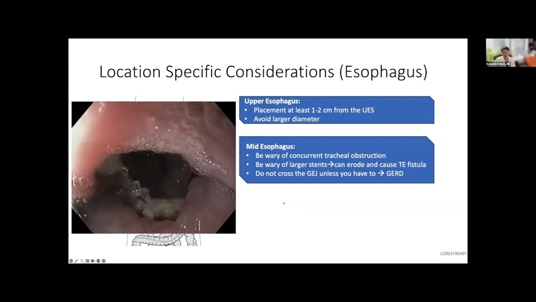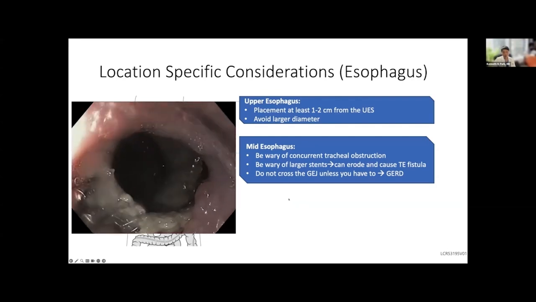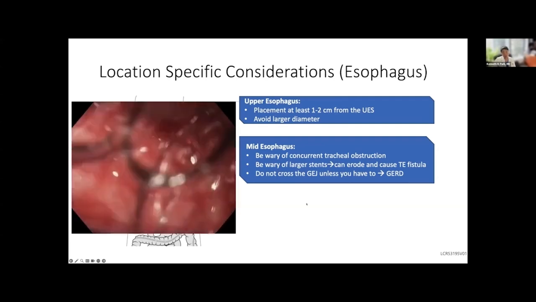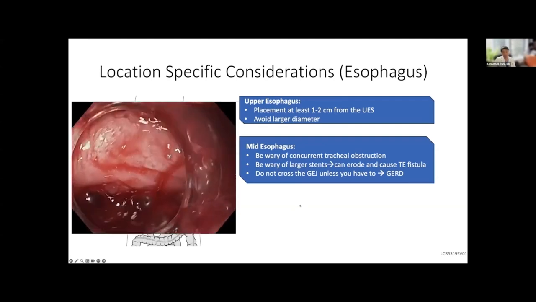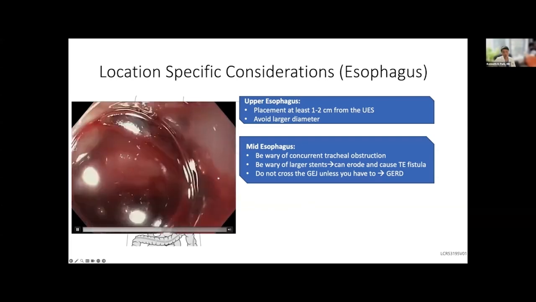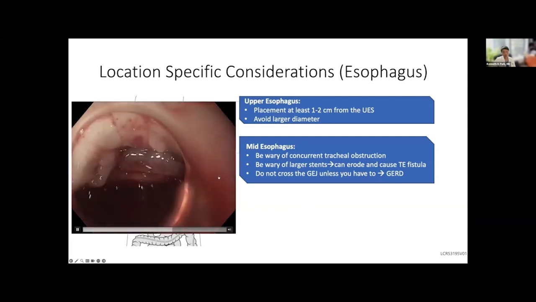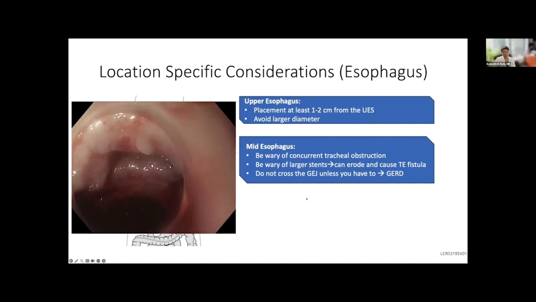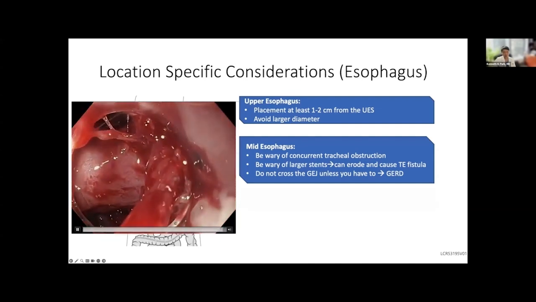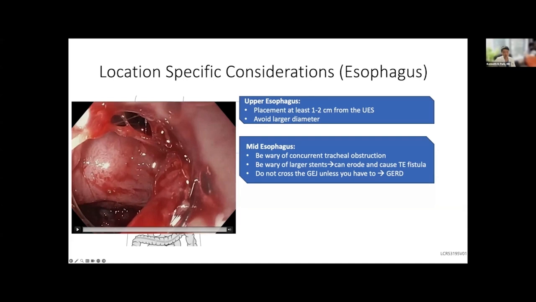This was a very large stent placed in a patient who had a gastric pull-up for distal esophageal cancer and an anastomotic stricture, but unfortunately a very large stent was placed. The patient presented with coughing and pneumonia-like symptoms, and there was a large perforation into the left main stem.